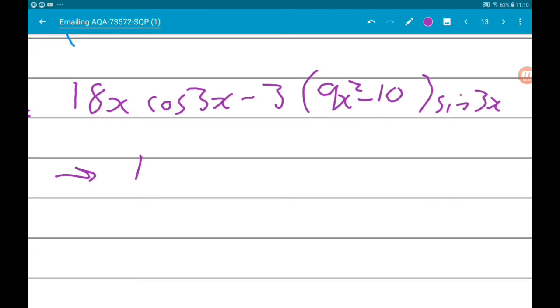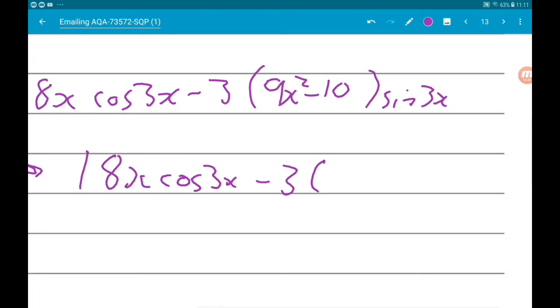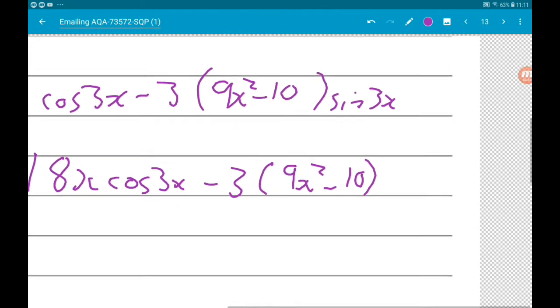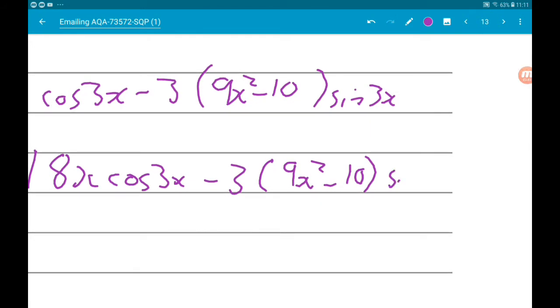So at the points of inflection, we want this to equal 0. So 18x cos of 3x minus 3 lots of 9x squared minus 10 lots of sine 3x is equal to 0.